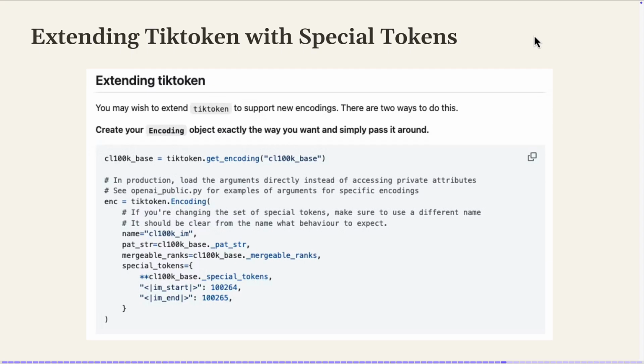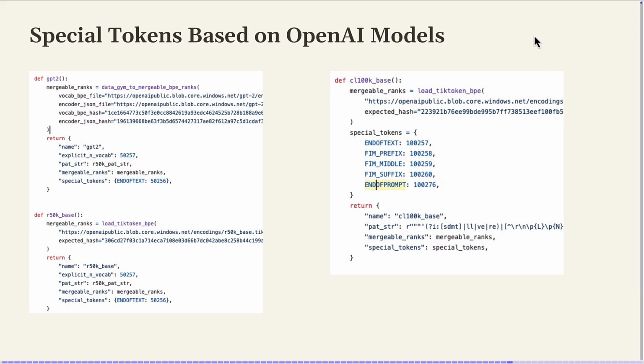So I put several slides here, but because we are almost reaching the time, I'm going to skip them. This is the implementation of the tokenizer: this is for GPT-4 and this is for GPT-2. You can find GPT-2 defines one special token, which is the end of text, because GPT-2 is text generation, so I need to tell it when to stop.